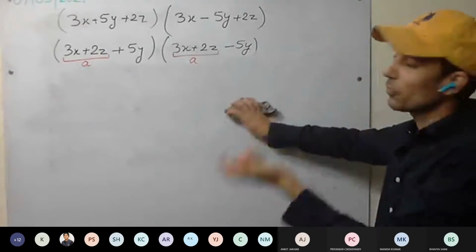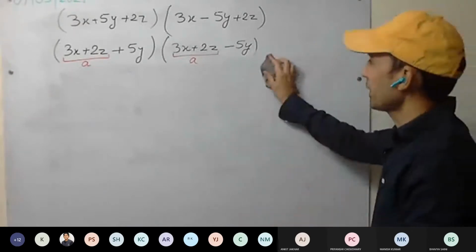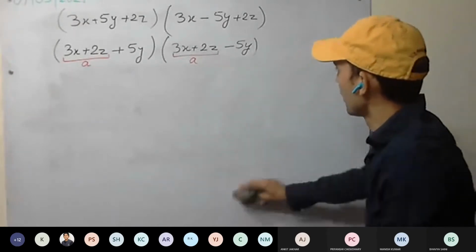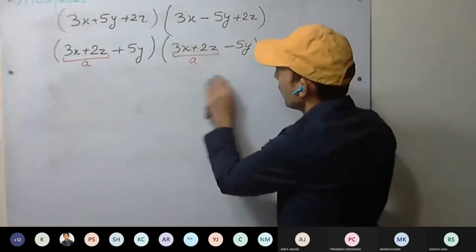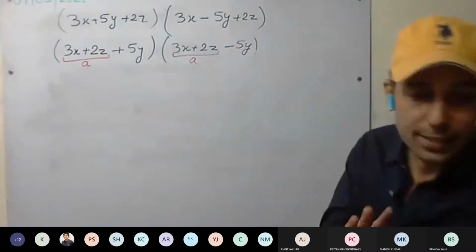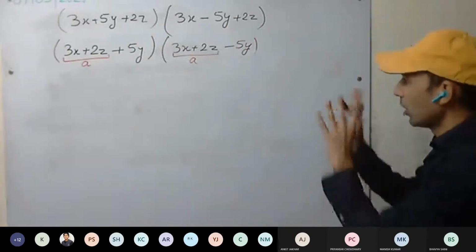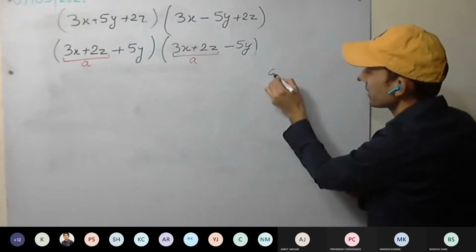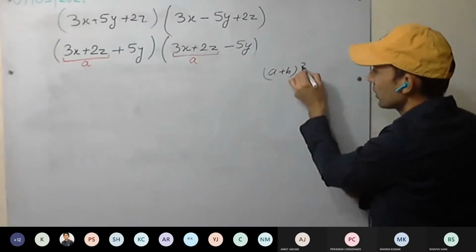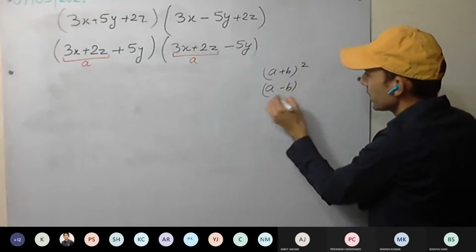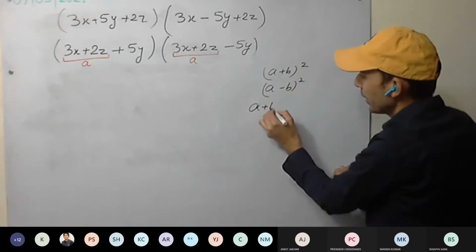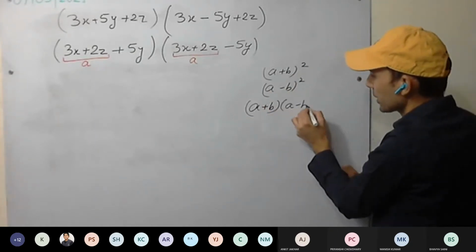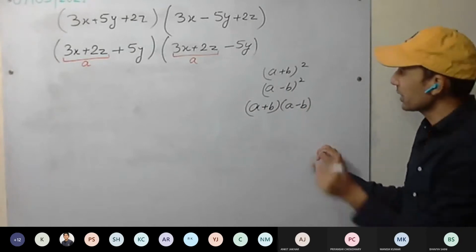If you are not able to apply one identity, check the other identity. So mainly three identities we have discussed till now: a plus b the whole square, a minus b the whole square, and a plus b into a minus b. These three identities we have studied.